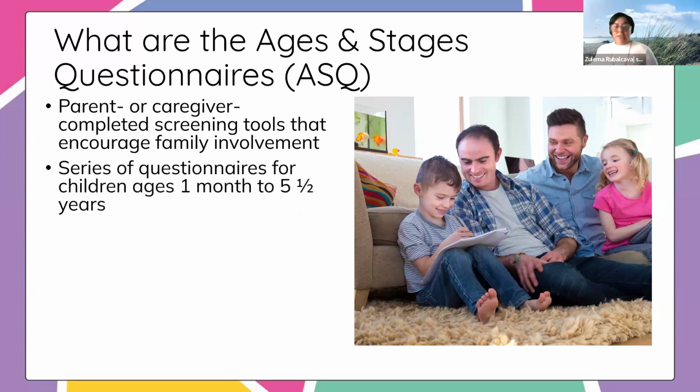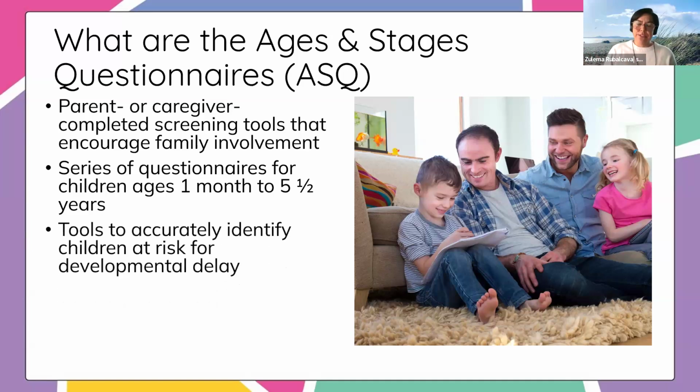It is a series of questionnaires. So there are 21 unique intervals, and I'll go into them a little bit later. But there's a questionnaire for children as young as 1 month, all the way up to 66 months or 5.5 years old. There is a questionnaire that spans that whole developmental age and stage. They have a lot of research behind them, so they are tools that have been proven to accurately identify those children who are most at risk for having a developmental delay.